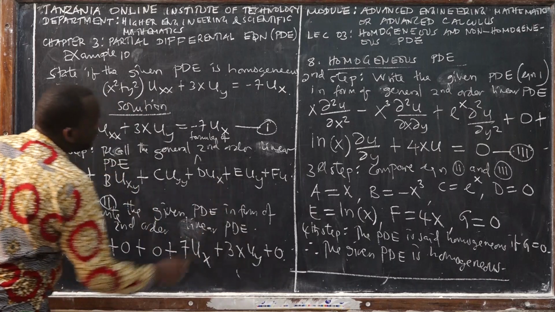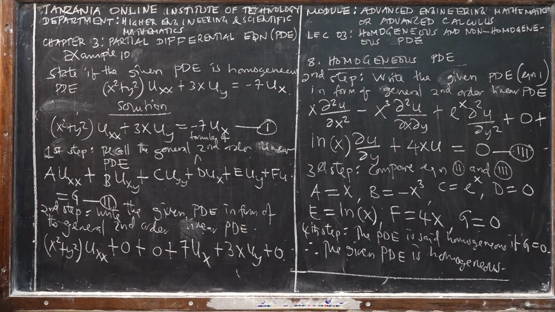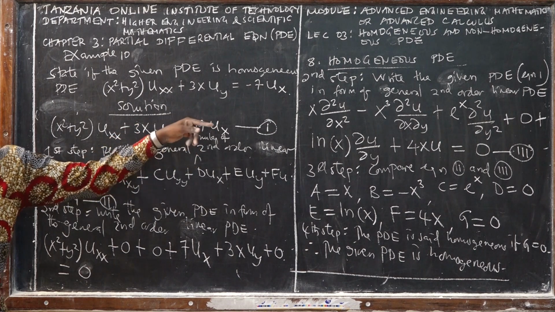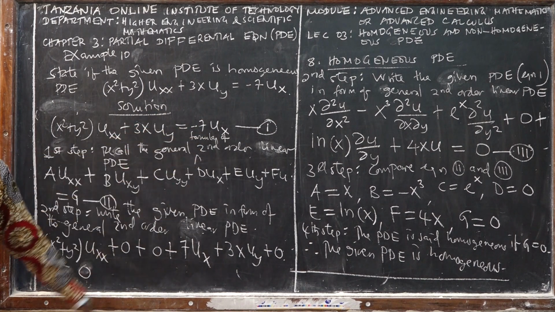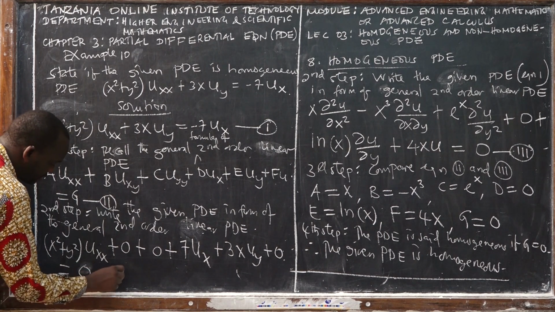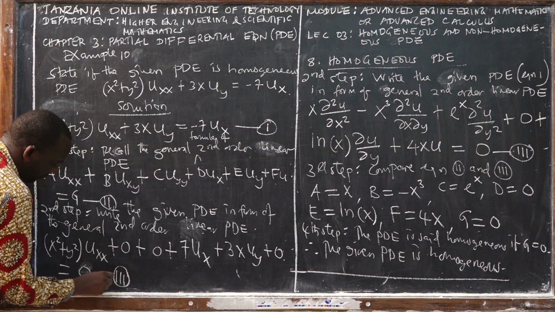No. The next term after FU, it is equal to G. Do you have G? 0. Why 0? If you bring this on this side, meaning you add 7ux to both sides, on this side you have 0. This one becomes equation what?